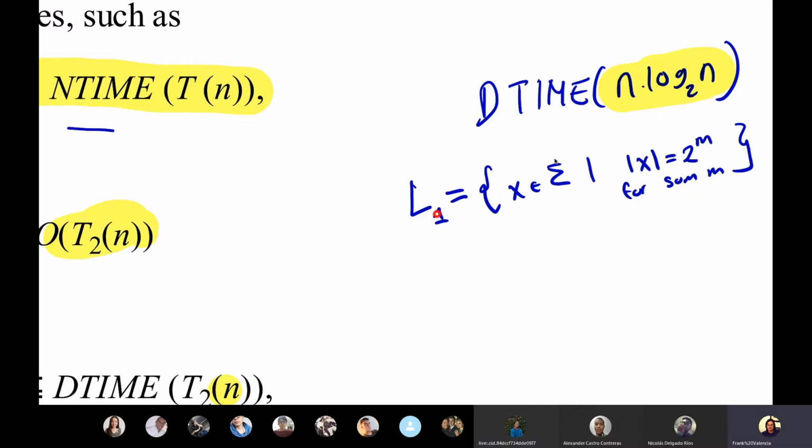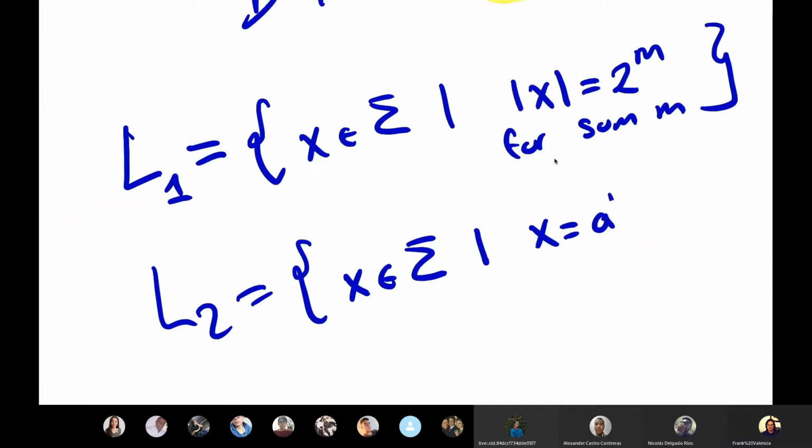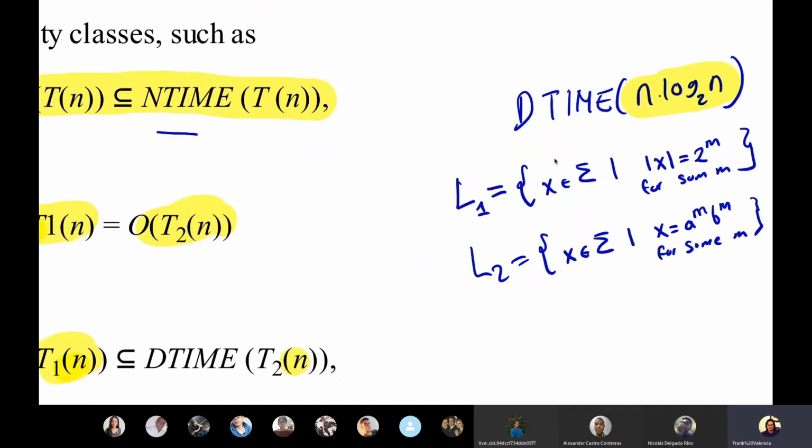But this is not the only language that can be decided in time n log n. For example, I put the set of all, this language, L2, can also be decided in n log n.